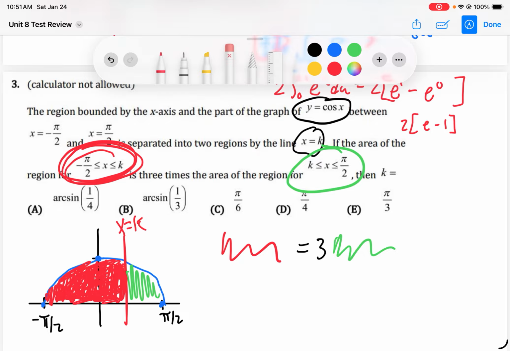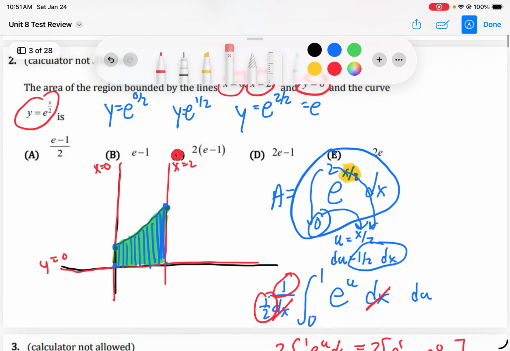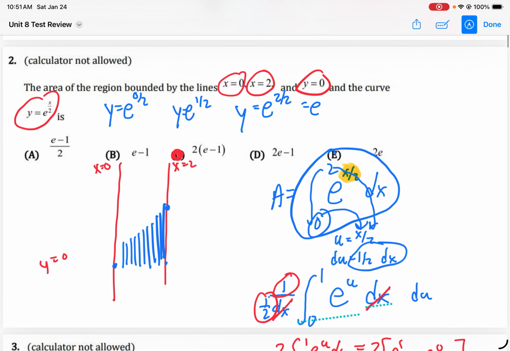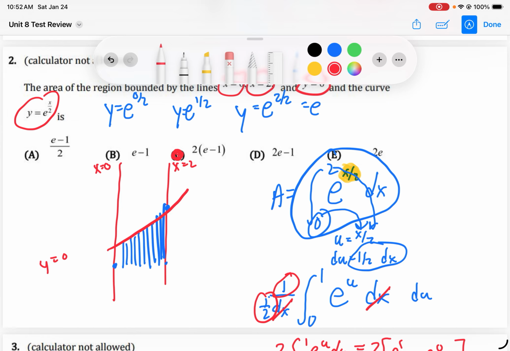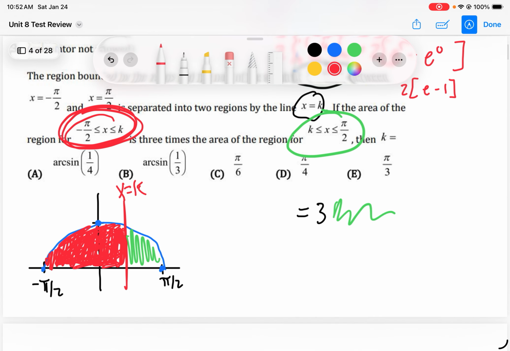You're like, I don't know if I've ever done this, but we have. We just did it right here. The area between two lines is adding up the distance between the two of them. I'm adding up line segments, an infinite number of them, and it gives me an area. So to find the area over here, it would be the integral from negative pi over 2 to k of, what is this function again?